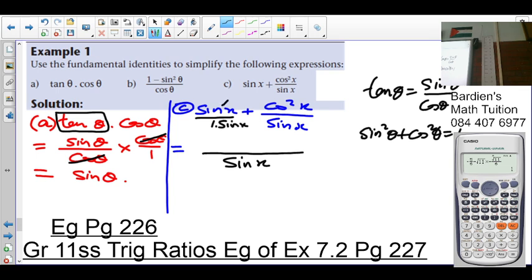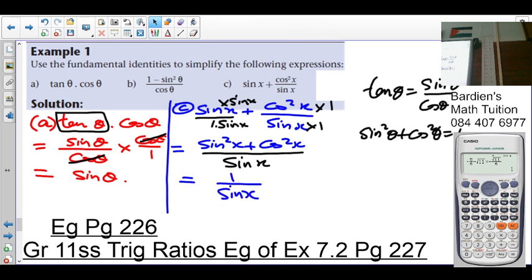Sin x. Sin x times what is sin x? 1. So sin x times sin x? Sin squared x plus cos squared x times 1, not so? And what is sin squared x plus cos squared x? So in other words, this is going to be 1 over sin x. Okay, you guys got it?